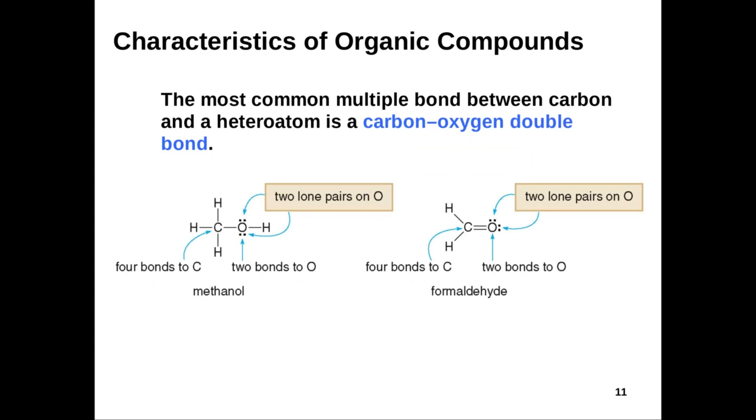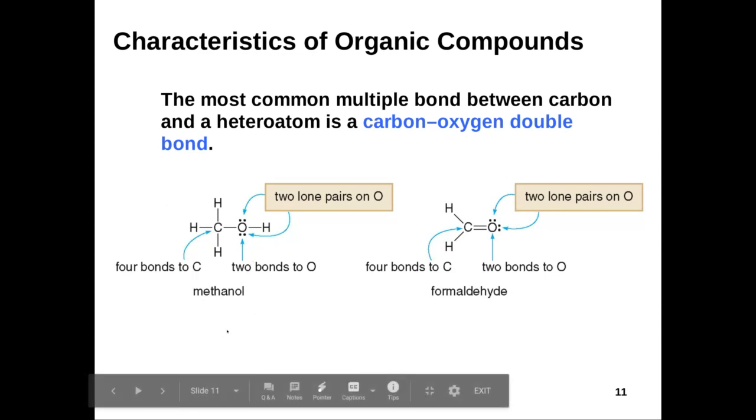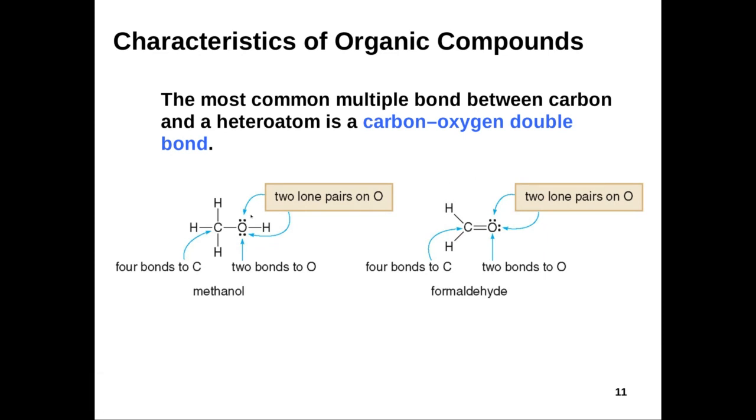Now, the most common multiple bond between a carbon and any other heteroatom is going to be the carbon-oxygen double bond. Now, we see this pretty commonly. So, for instance, we have methanol here, CH3OH. Methanol is a solvent. It's commonly used in industrial processes.